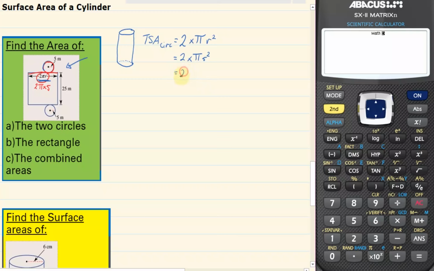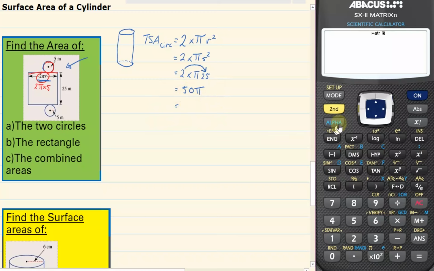Now, you might want to go ahead and do 2 times pi times 25. We could take it one step further and multiply out 2 and 25 together and get 50 pi. And that could be an exact answer for those two.